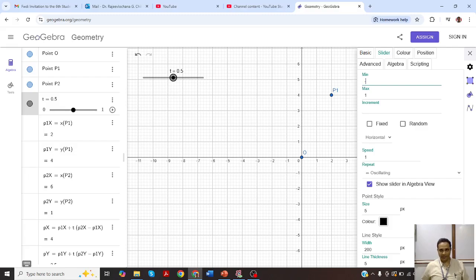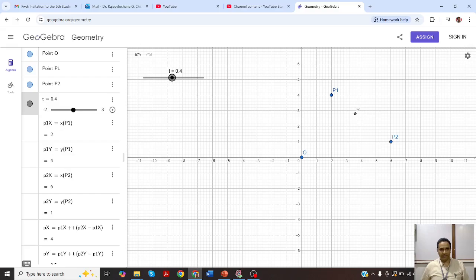So let me try -2 till, let's say, +3. What will happen is it goes before point P1, and as the parameter becomes more than 1, it goes beyond also. So if you put it -infinity to +infinity, it will have the line in both directions. Okay, so this is about the parametric equation of a line, which is equivalent to a prismatic joint or a slider.